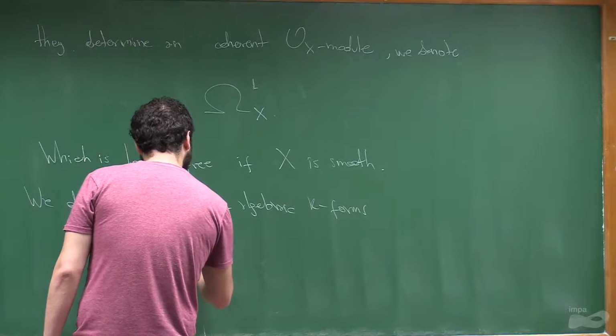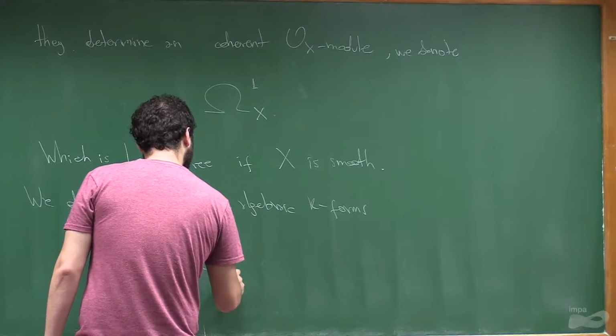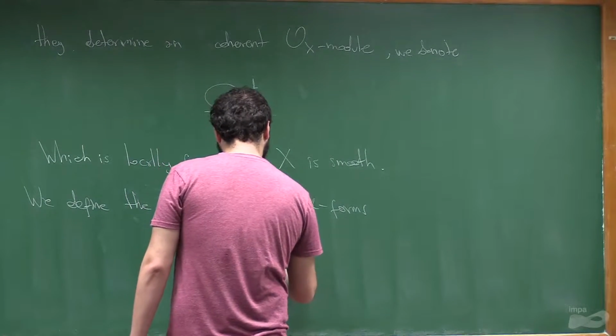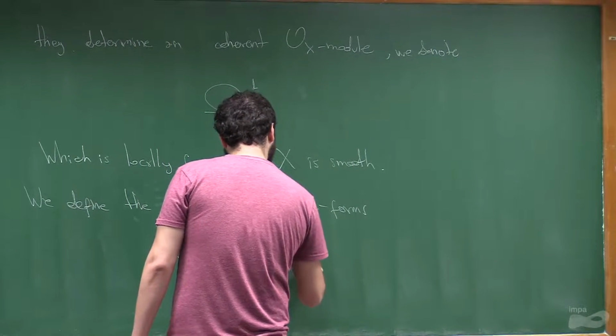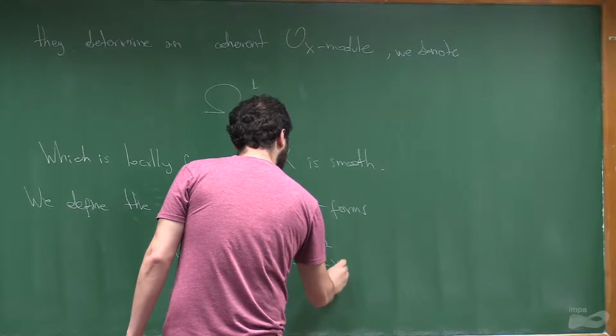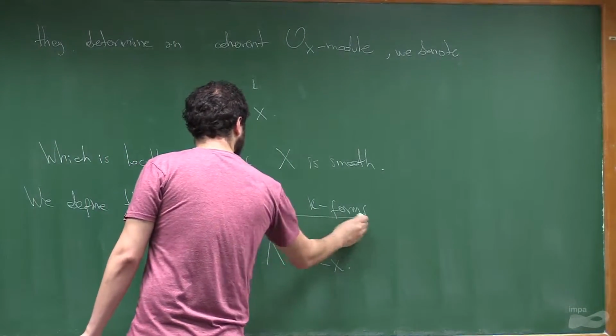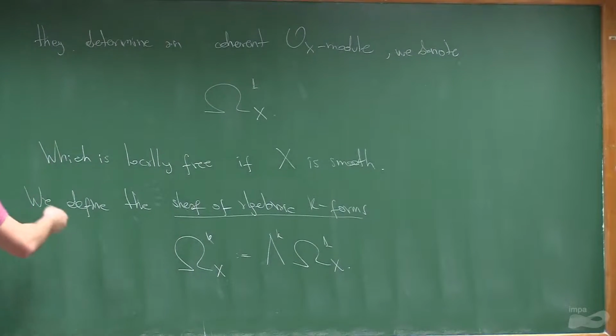So the notation is like this: Omega^k_X is the exterior power of Omega^1_X. And again, this is coherent and locally free if X is smooth.